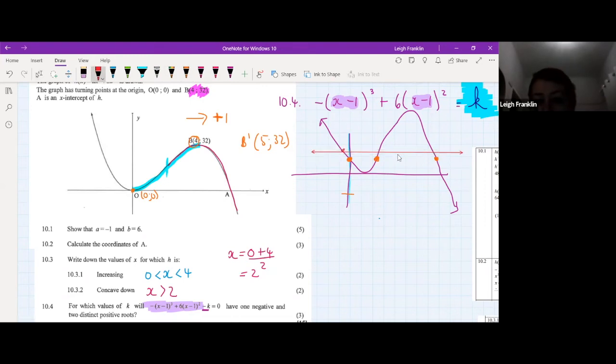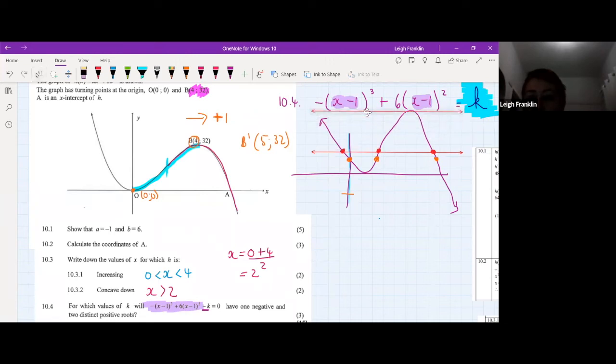We've got a negative root, a positive root, and a second positive root. And it will continue to have that between where I've just drawn now, up to this point over here.